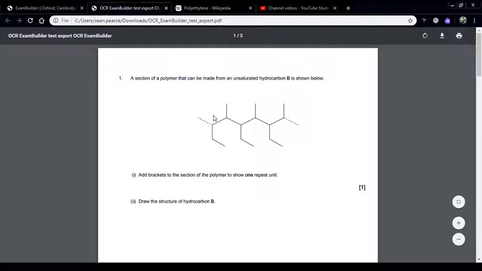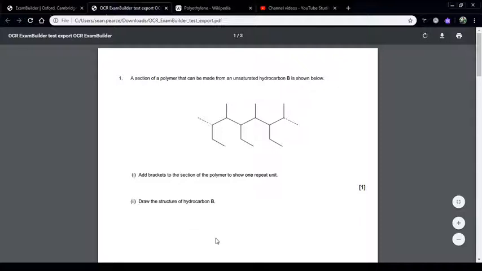So all I'm doing in exactly the same way is just going, okay, there it is, just there, and there it is, just there. We can see that we have just got this point here where we have the carbon-carbon double bond going there, and then coming off from this carbon we'd have an ethyl group. From this one we would have a methyl group, and that is our hydrocarbon that we have.